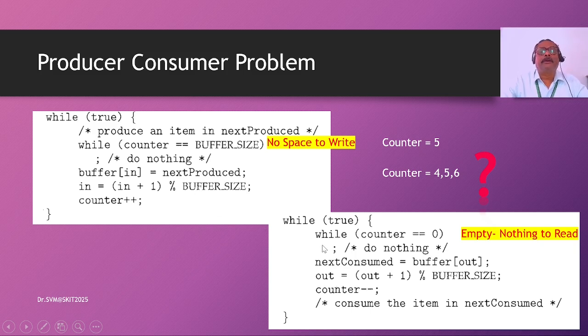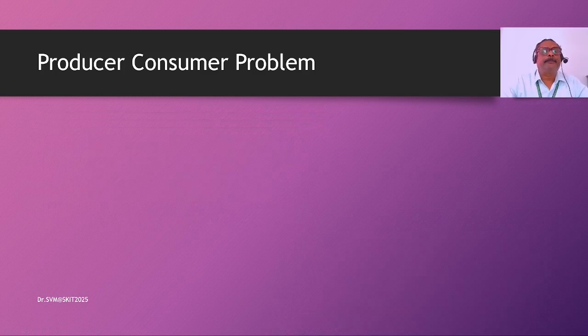And then if the consumer consumes one item, then the 5 had become 6 and 6 should become back to 5 because we are checking of counter minus minus. But that's not always possible. There are chances that the counter value may be 4, maybe 5, maybe 6. Yes, of course, it is confusing. And why? Let us check that.